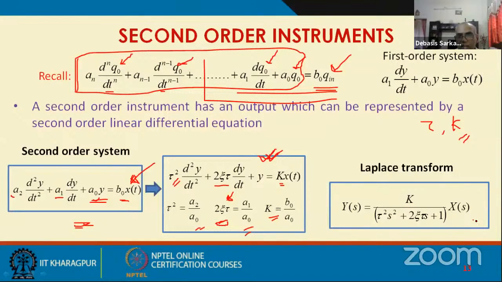You are familiar with the Laplace transformation. If you take the Laplace transformation of this equation, it will look like this. Now, if I want to find out the response of this second order instrument for a step input, X(s) will be replaced by the Laplace transformation of the step input function.